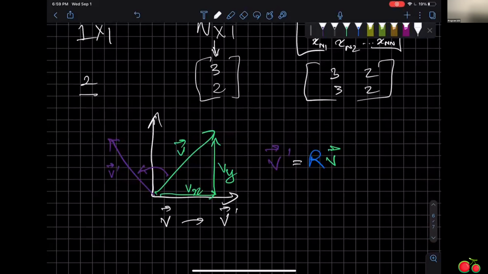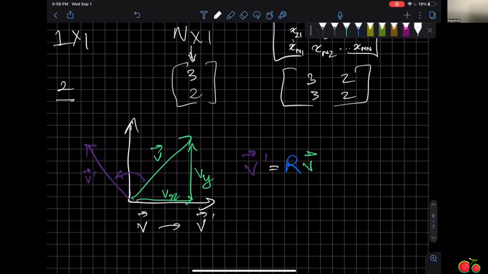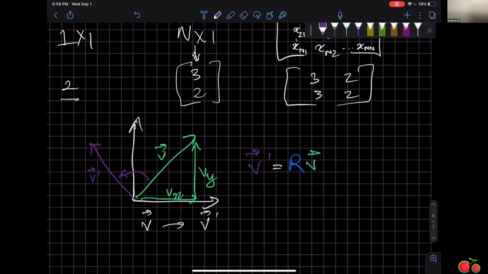So why do you need a matrix for that? Because your v dash has two components, x dash and y dash.